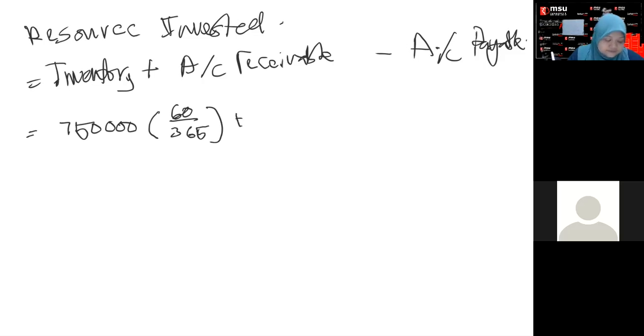Plus accounts receivable is 10 million, because we assume all sales come from the operational sales, times 40 divided by 365.